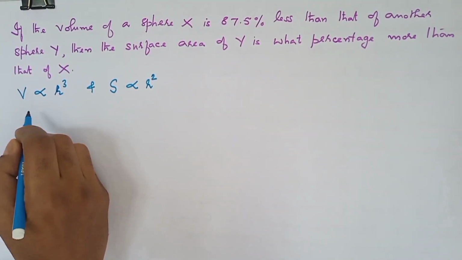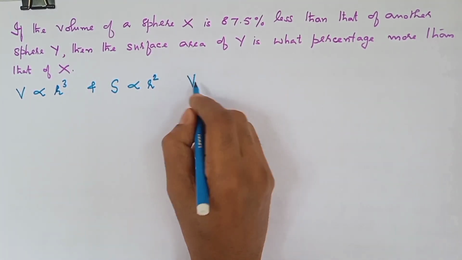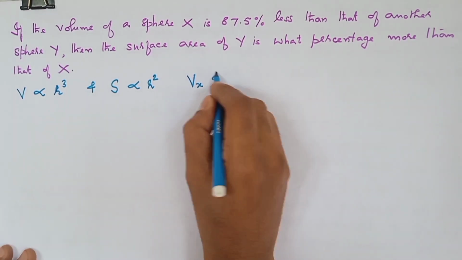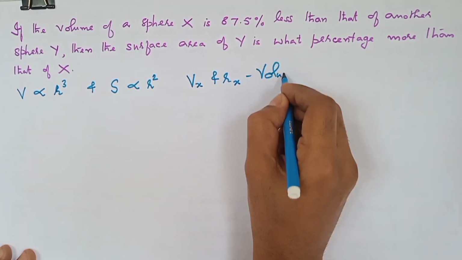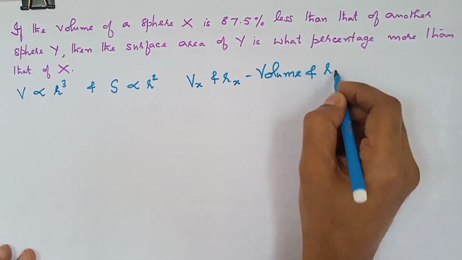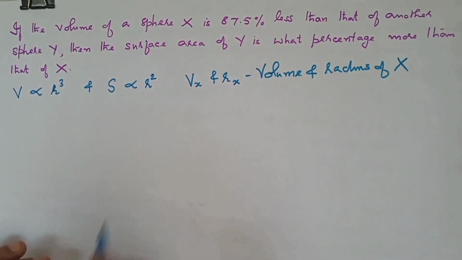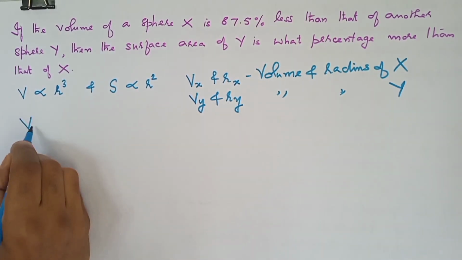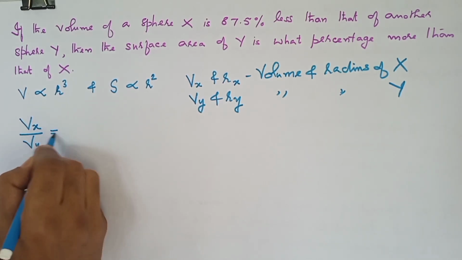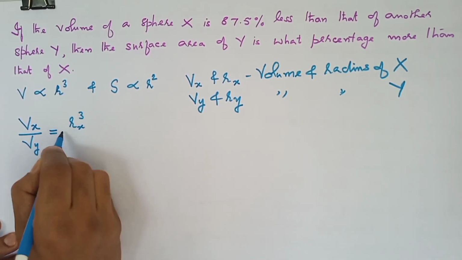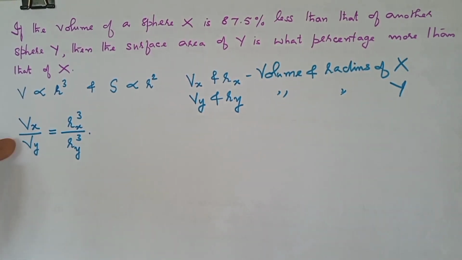Now look at the first one. Let's use some symbols to make it easier for you. Let Vx and Rx be the volume and radius of sphere X. Similarly, as per this result, you will have Vx by Vy equal to this, the result that follows from this one.